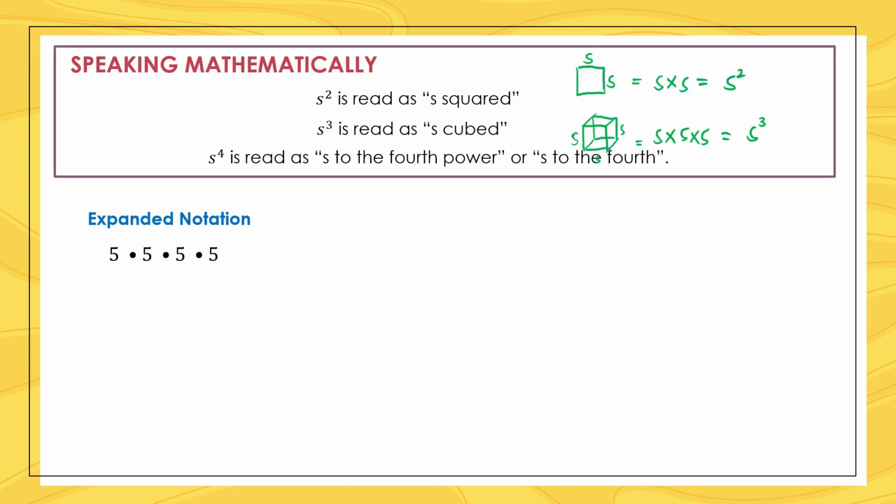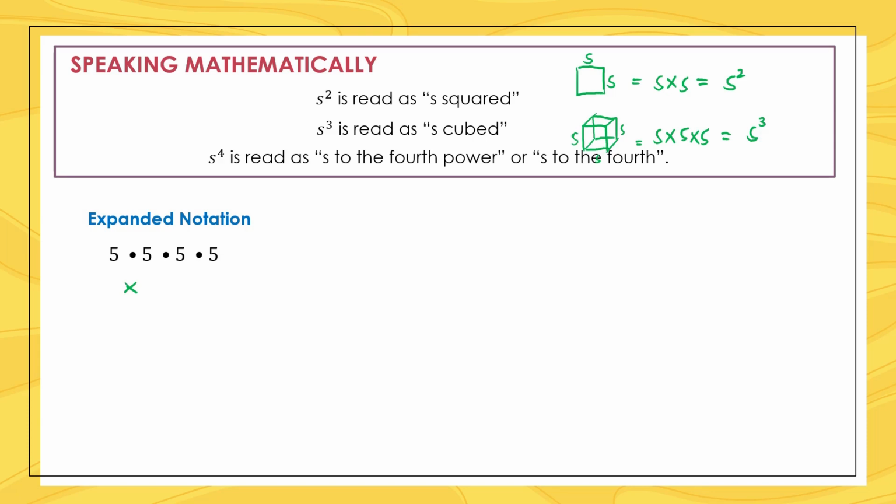So expanded notation, we have here an example, 5 times 5 times 5 times 5. For this one, we do not use this sign anymore in algebra because it is confusing whether this is an x or a multiplication sign.